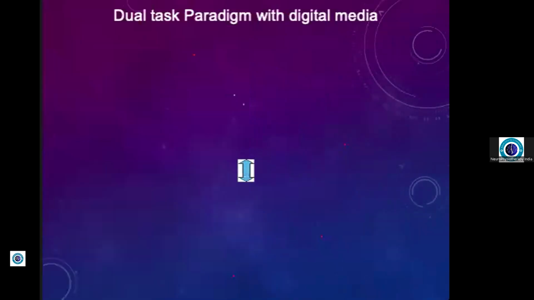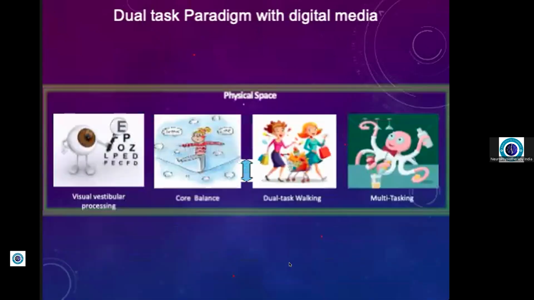So like I mentioned, it is really necessary to understand that multiple systems from our brain are working at once. We are creating different paradigms when we are performing day-to-day tasks. So using digital media can allow us to engage these different processing skills using a platform which is fun and play-based, and it lets children interact with their physical space.